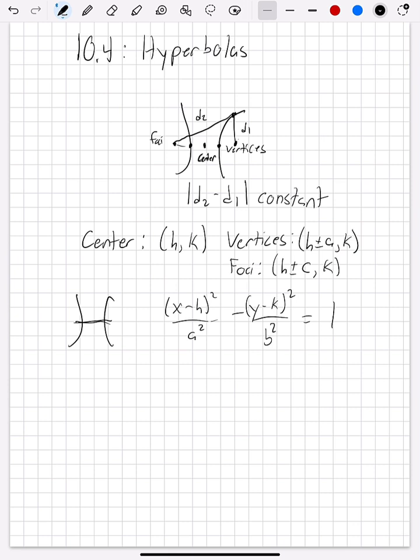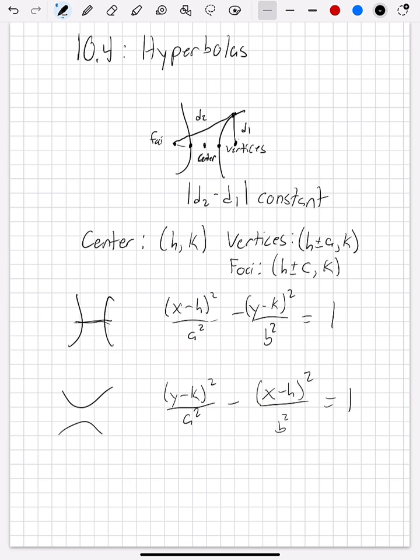Then if we have a vertical axis, or it looks like this, then it would be (y minus k) squared over a squared minus (x minus h) squared over b squared equals 1. All right, so these are two ways of generating a standard form.